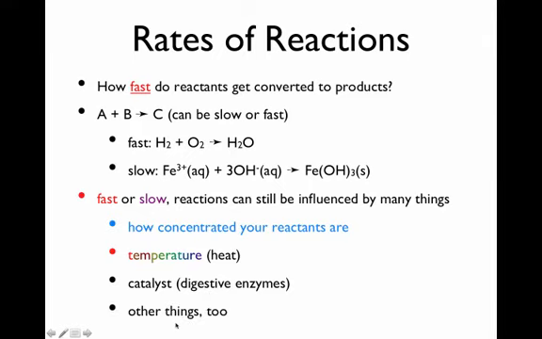And there are many other things that can speed up and slow down chemical reactions too. But basically the lab that you're doing this week deals with how fast a particular chemical reaction takes place and the ways that you can speed up or slow down that reaction. So the next slide is basically going to describe the chemical reaction.